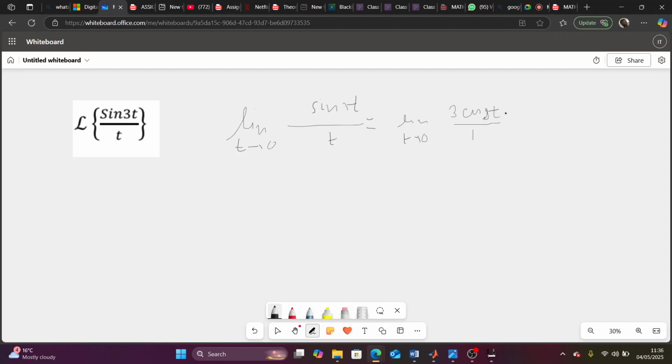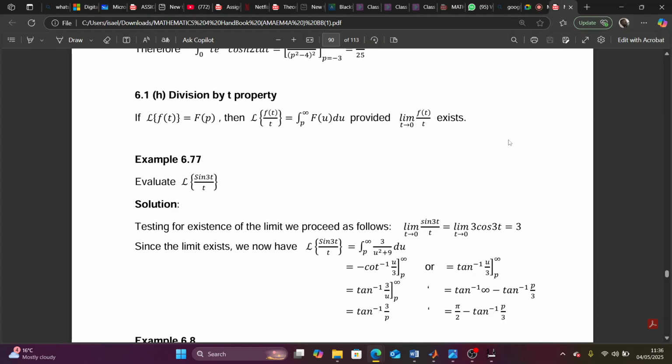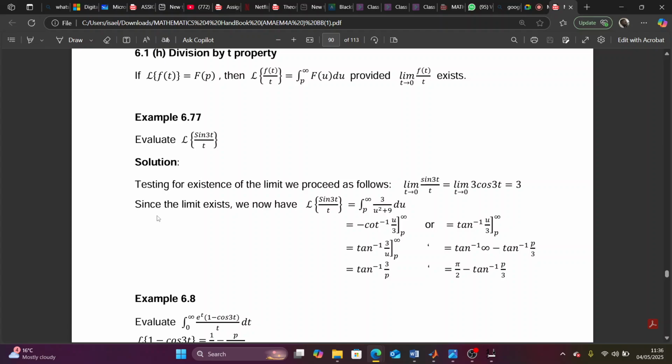So now when you substitute 0 here, you see that your limit is 3. Because it is a constant, you can confidently say that we have existence. Since the limit exists, we have existence. Now we can recall this equation and start solving for it.